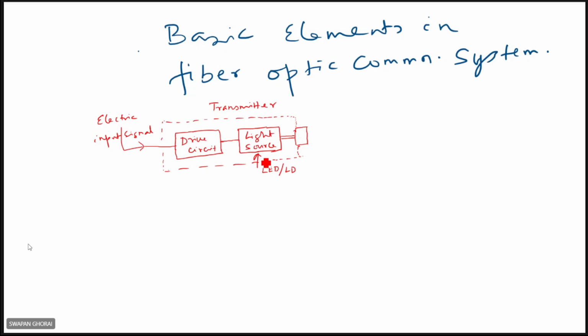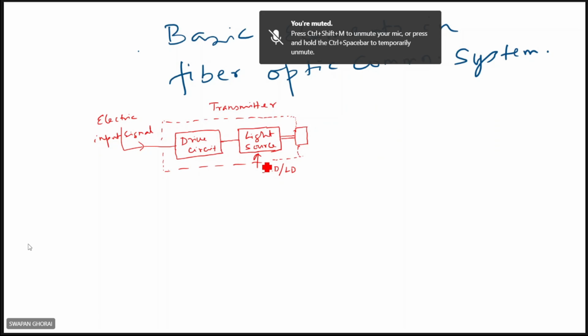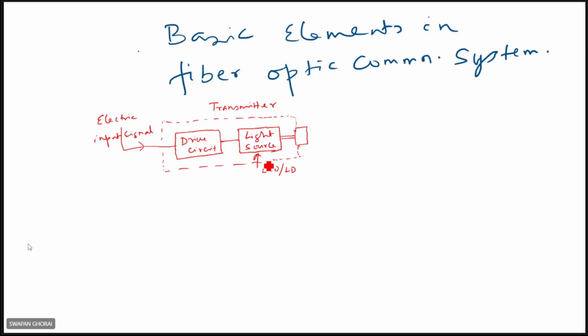Say, for example, in older systems, the sources are not LED or laser diode, rather they are in the form of high power lasers. It can be solid lasers, like Nd glass lasers, neodymium lasers, etc. Glass lasers, ruby lasers, those are solid lasers.